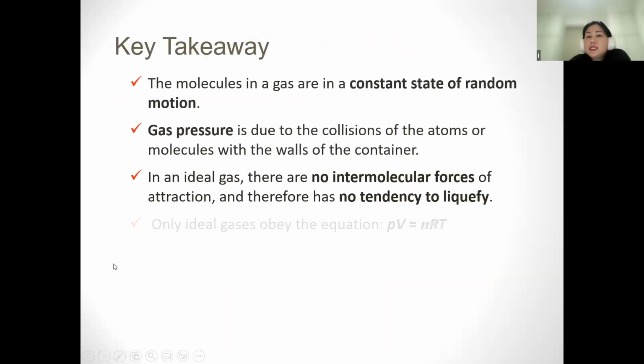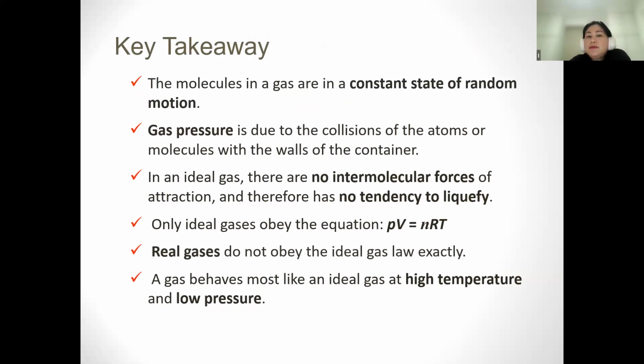All right, so these are some of the takeaways. Firstly, we have some assumptions of the ideal gas, the 5 assumptions, and the 2 conditions whereby a real gas will behave more ideally. And also, we also learn about the ideal gas equation and how we vary and manipulate the equation to come out with various graphs.